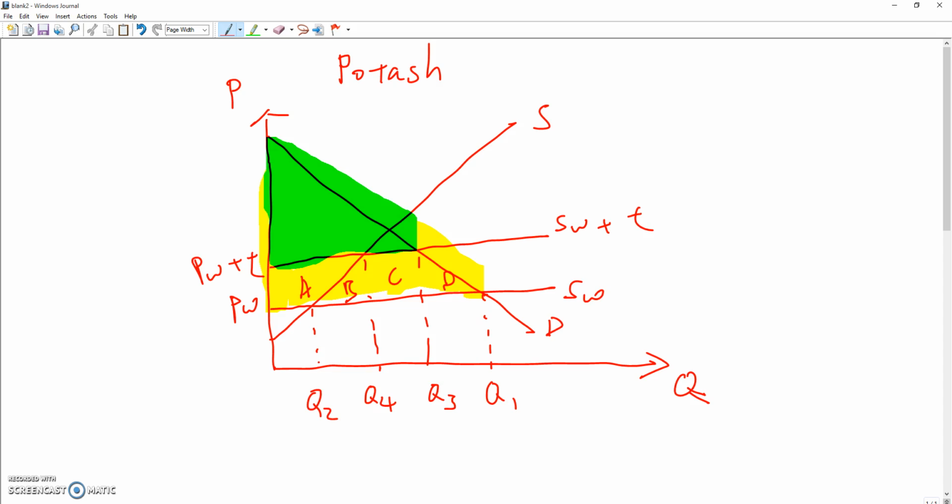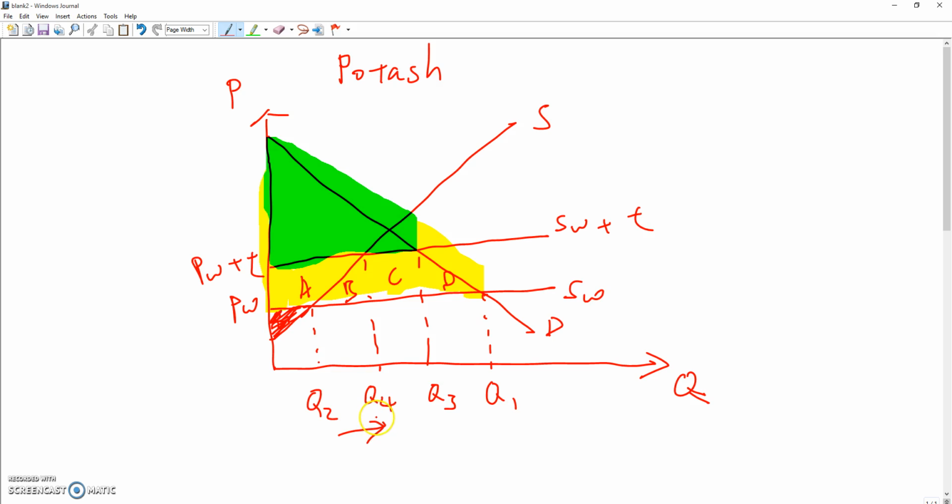No. A actually becomes producer surplus. The original producer surplus was here, but after the tariff, your quantity produced has increased from Q2 to Q4.